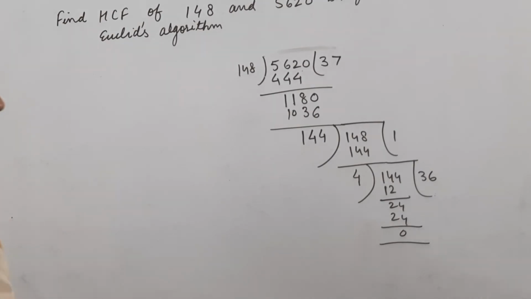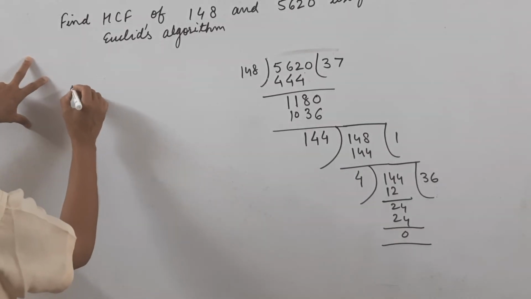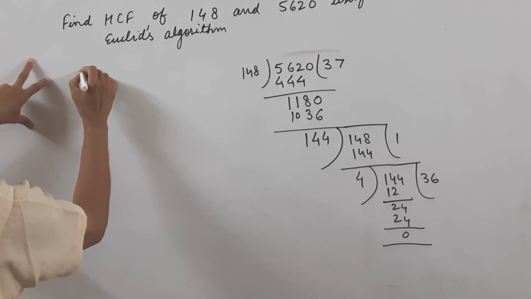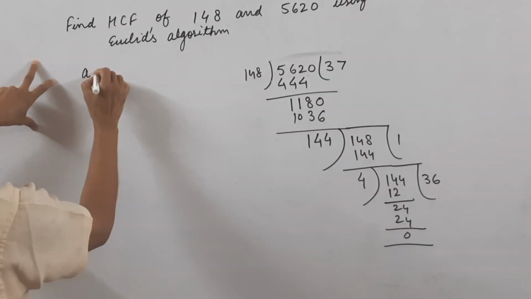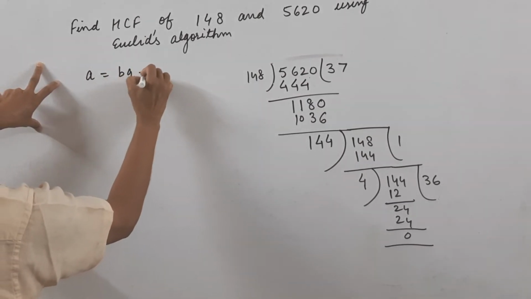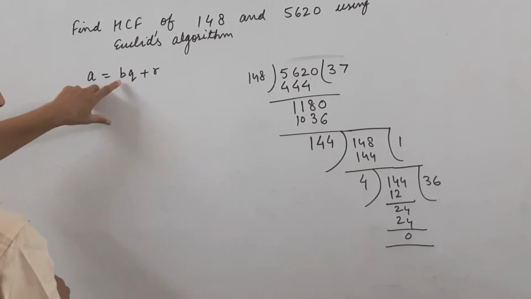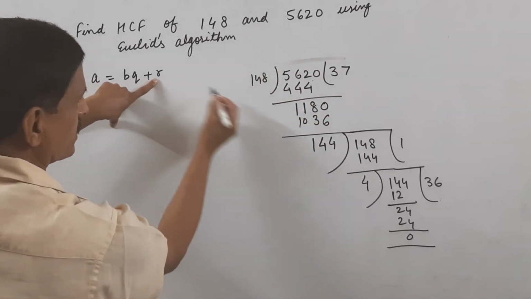Now we can write this in the form of an algorithm. We know by Euclid's division lemma, A that is dividend, is equal to BQ plus R, where B is divisor, Q is quotient and R is the remainder.